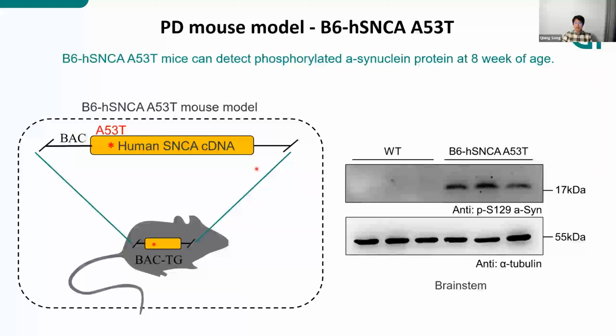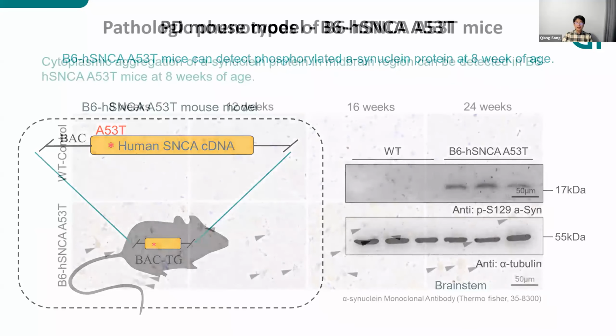Based on the genetic pathogenesis of Parkinson's disease, we generated a mouse model which carries the A53T point mutation in the human SNCA cDNA sequence to express the mutant SNCA protein. We have detected phosphorylated SNCA protein in the mouse brain, which indicates a pathological feature of Parkinson's disease and also suggests that this mouse model expresses alpha-synuclein protein in the brain.